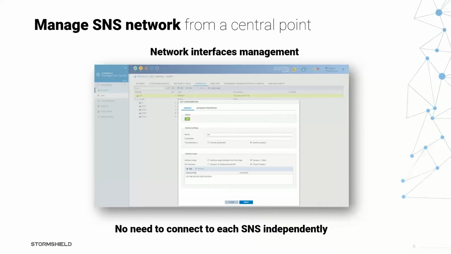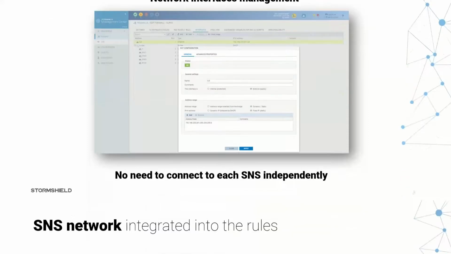So no need to connect to each firewall, to each SNS independently. Only one connection to the SMC as a centralized management system solution, and you get the network configuration for every firewall, even for those who are not connected to SMC at this time.